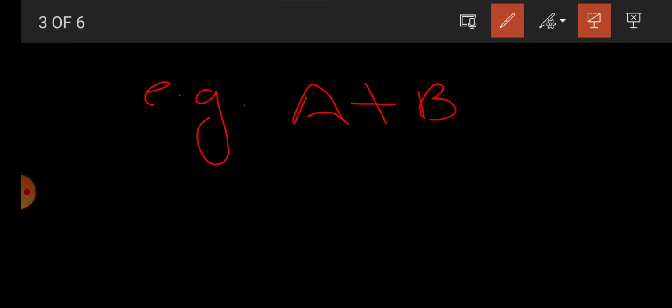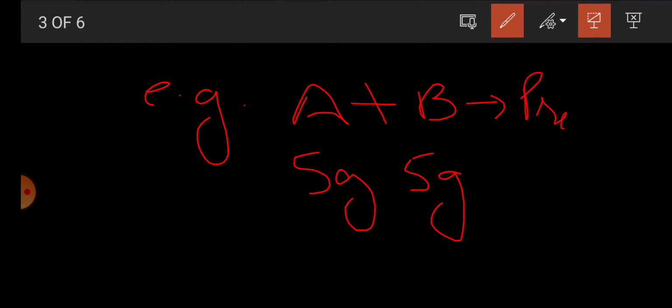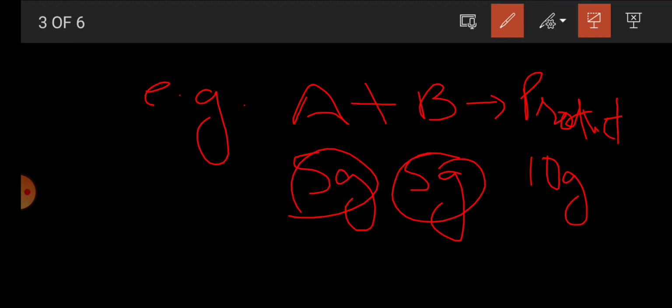Let me give you an example. Think that you have two reactants, A and B. A is 5 gram and B is 5 gram. What should the product be? The product should be 10 gram. This law says that if we take the total of A and B, the product mass should be 10 gram.